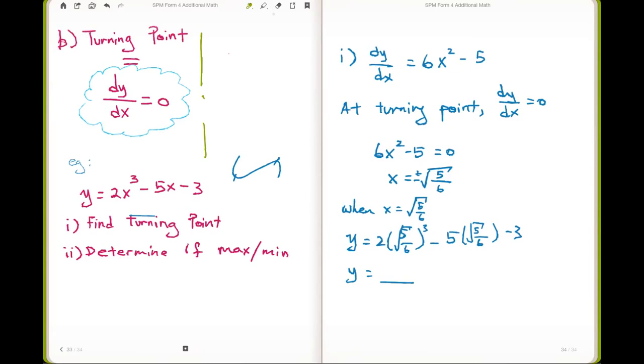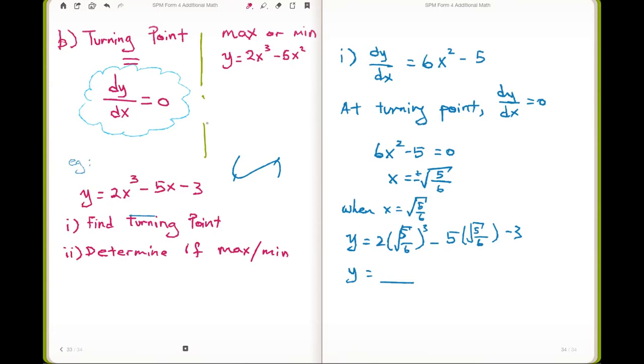In order to tell if your point is a maximum or minimum, you get the second derivative, meaning you differentiate another time. Say you have the equation y equals 2x cubed minus 5x squared.